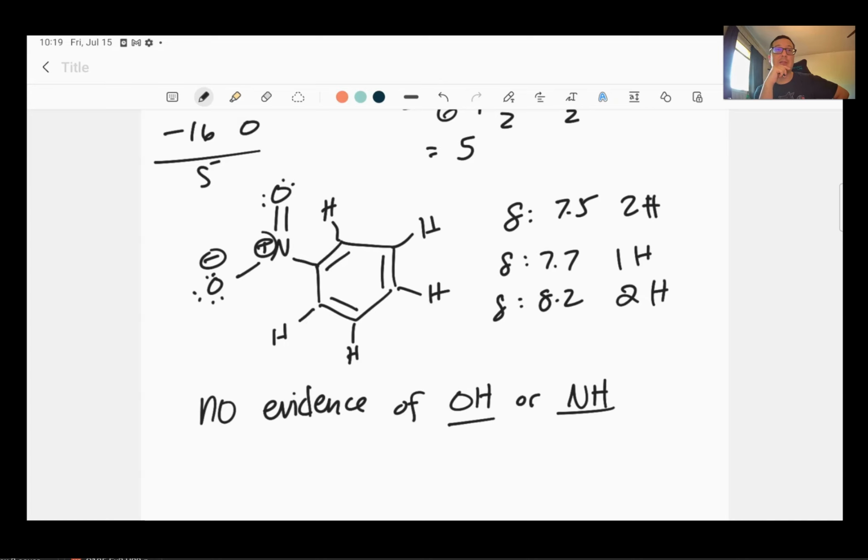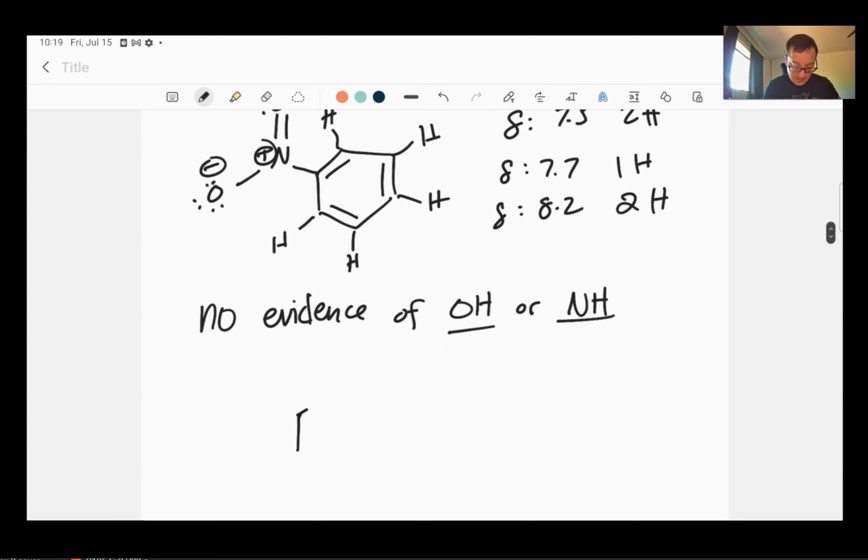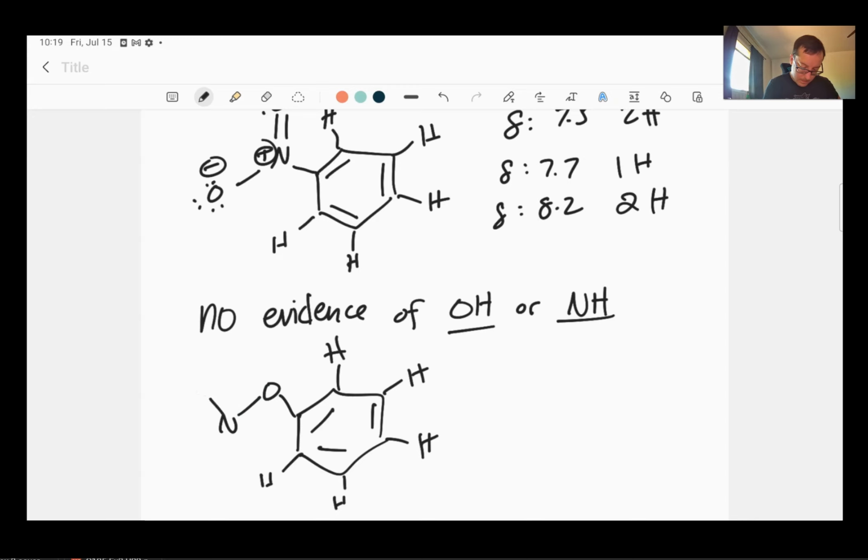All right, there are other ways to assemble this. We could put the oxygen connected to the benzene, but that's less common. Normally, we have the nitrogen as a nitro group. That's pretty common. If you were to put it the other way, this technically is a valid structure.